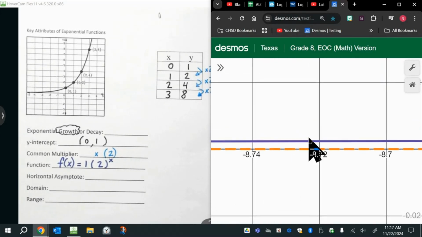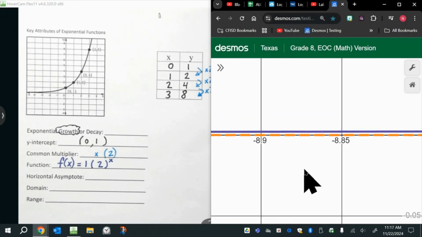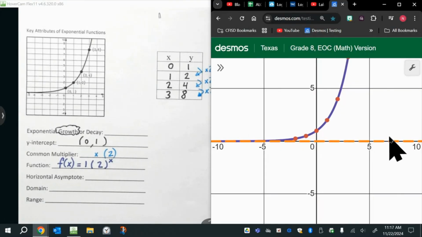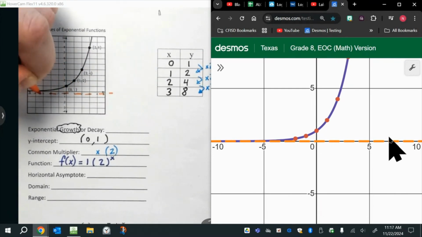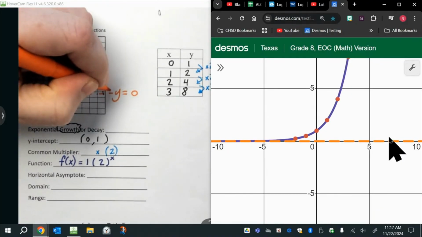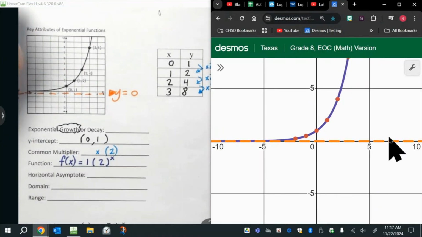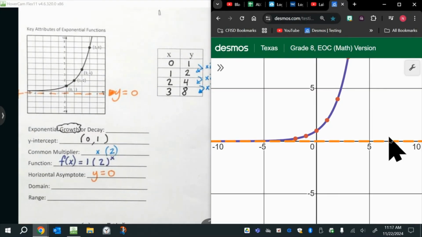It just gets really, really close to the orange line. It'll keep getting closer and closer, but it will never pass the orange line. So that orange line is our asymptote, and the equation for our asymptote is y equals 0.